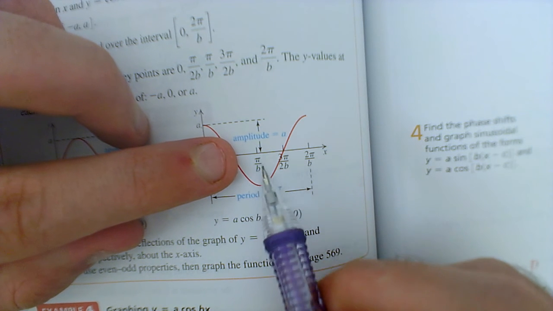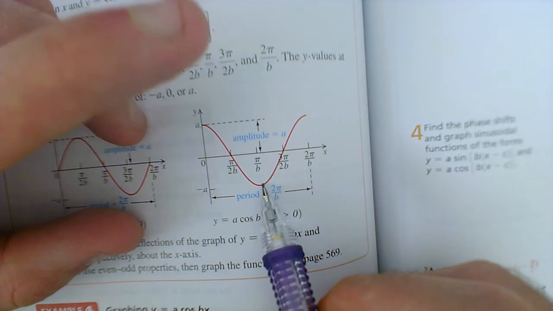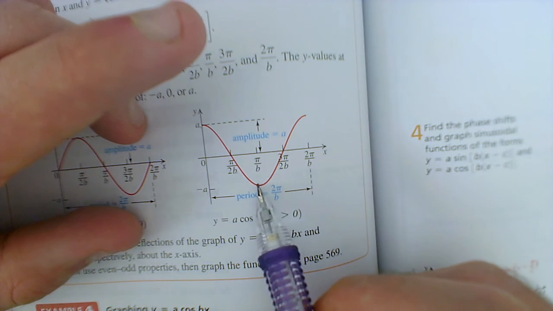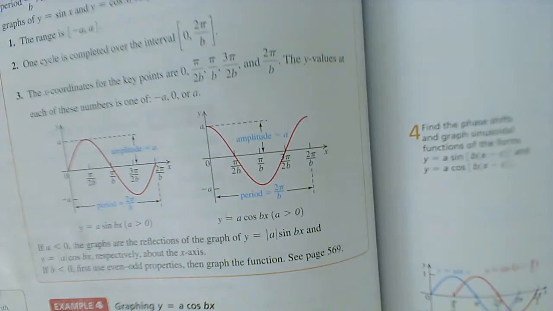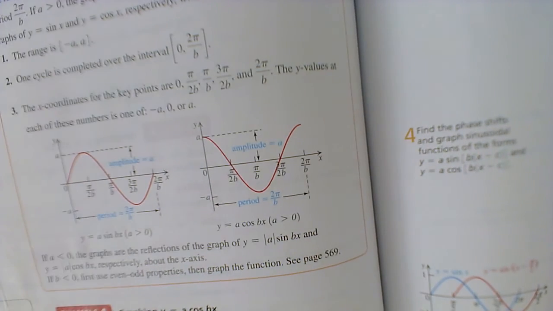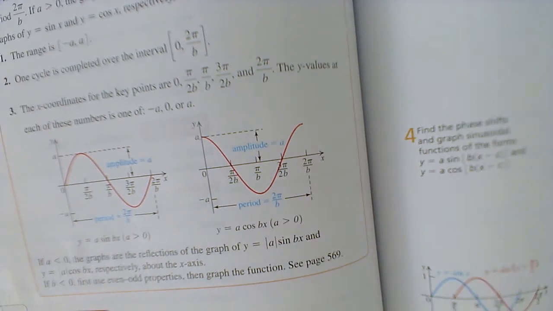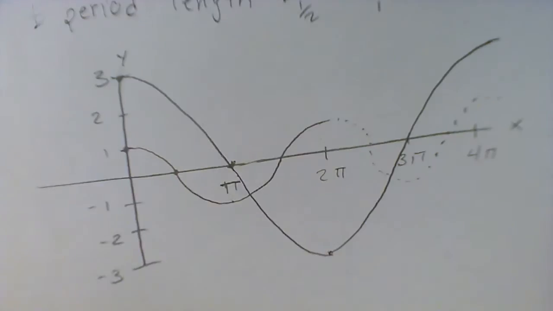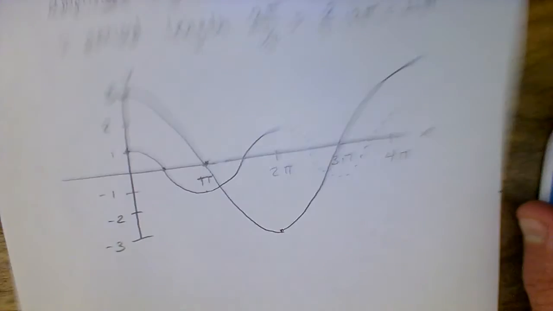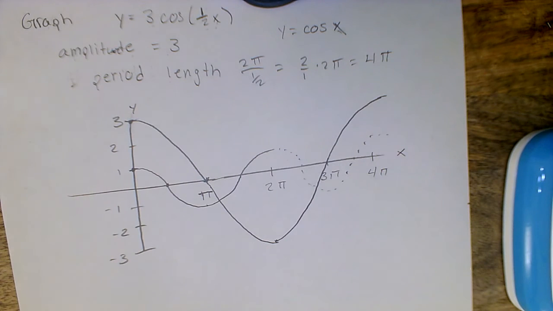And then pi divided by 1/2 is the same thing as 2 times pi, so 2 pi was our -1, or -a value, and then another 0, and then finally back up to the positive a amplitude. So you can use that table to help you graph sine and cosine functions.